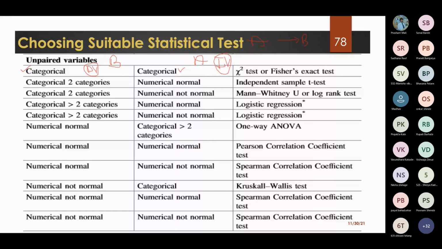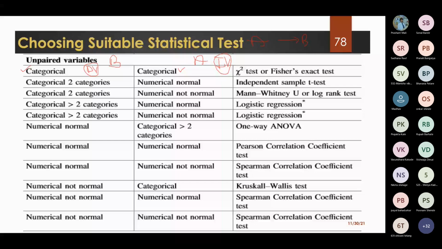You want to find out which state males belong to or which states females belong to. Clear? So one variable is the states of India and the second variable is gender. On both sides we have a categorical variable. Under gender we have two categories, male and female, and under states we have 26 or 27 states in India. Clear? So on both sides we have categorical data. So the test will be chi-square.